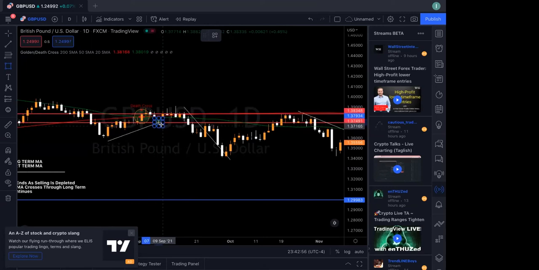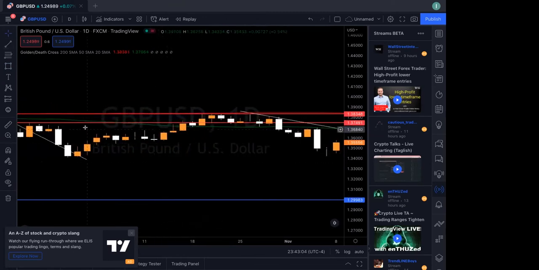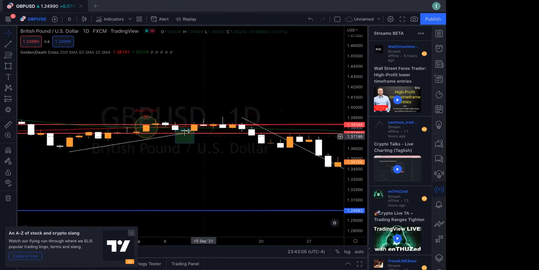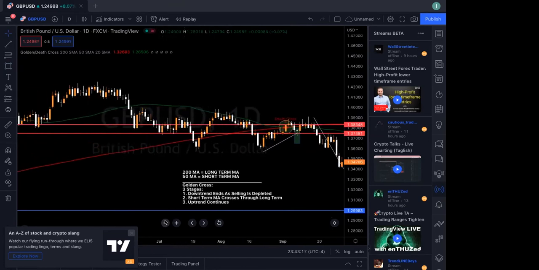This candle right here that I got this rectangle around is a hammer candle. What a hammer candle does is signify that a reversal is getting ready to start, or that it's already started.